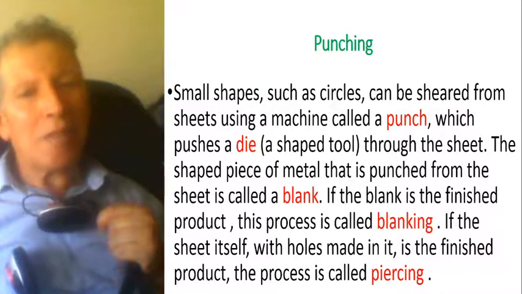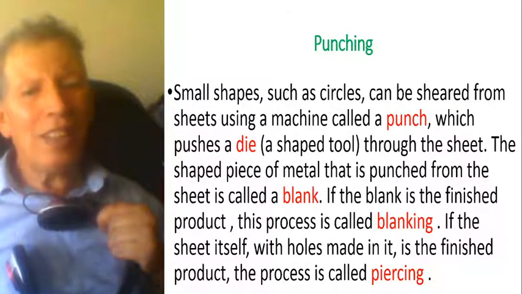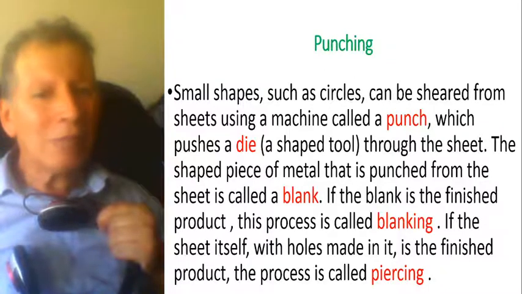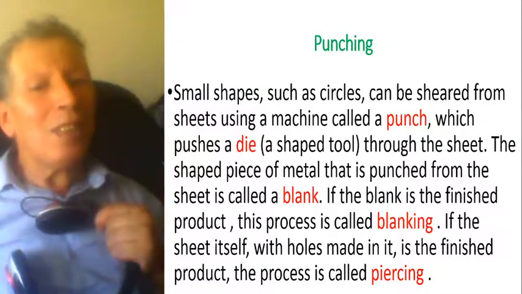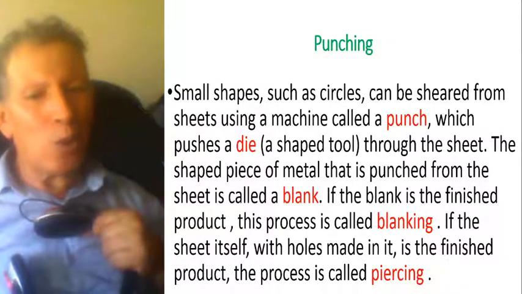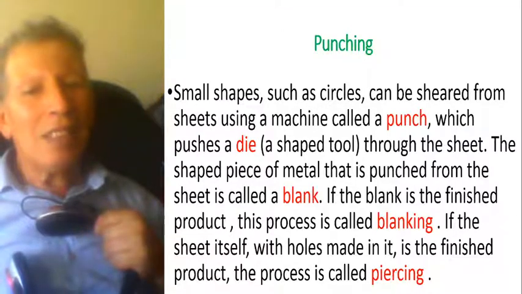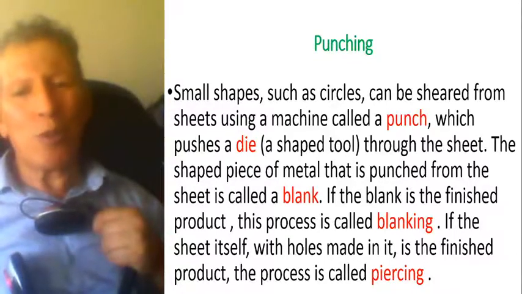So when we cut small shapes using a die, that's called punching. And the end product is called a blank. If the blank is a finished product, it's called blanking.